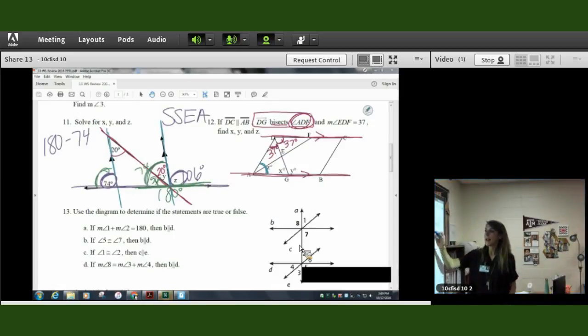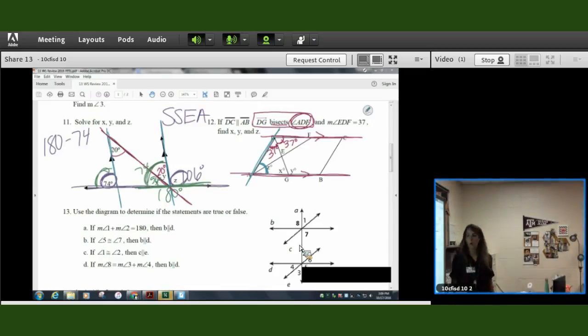What I taught my students to do is, when the picture gets too messy, go off to the side, redraw the same picture, and write down what you know. What is this angle? It is, I think, 37 times 2. 74. Yes, that angle is 74.